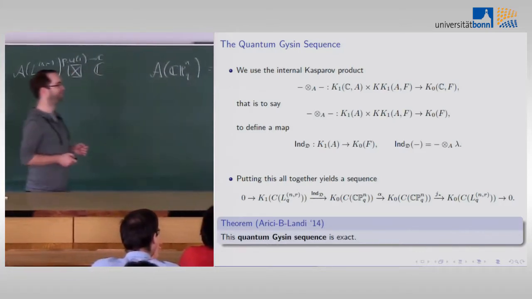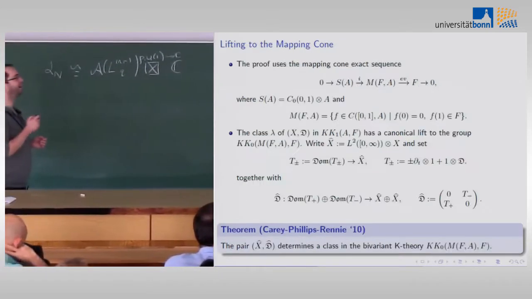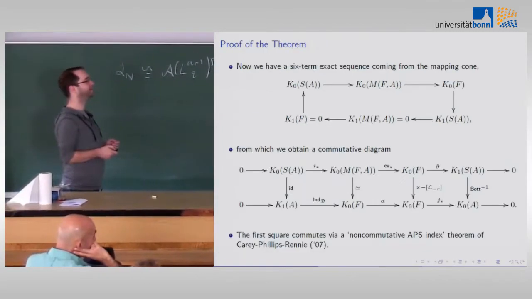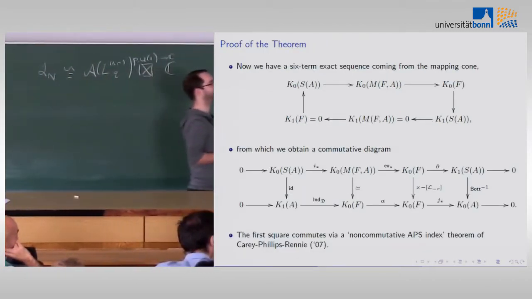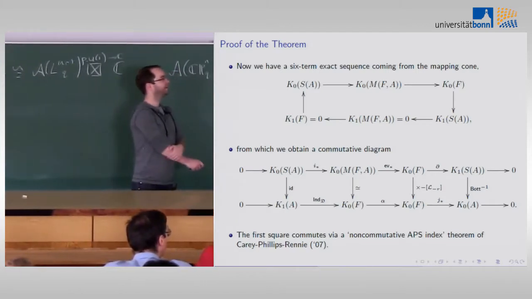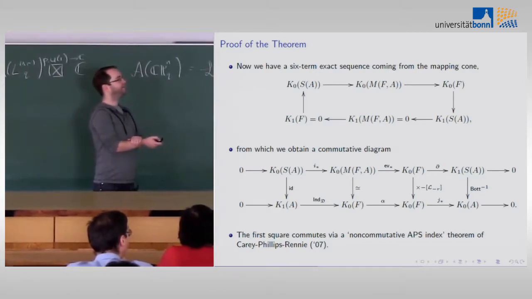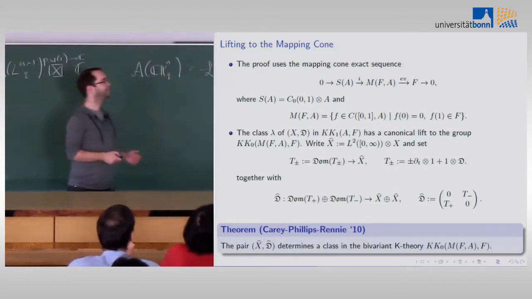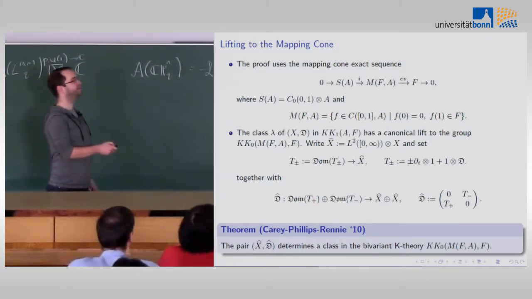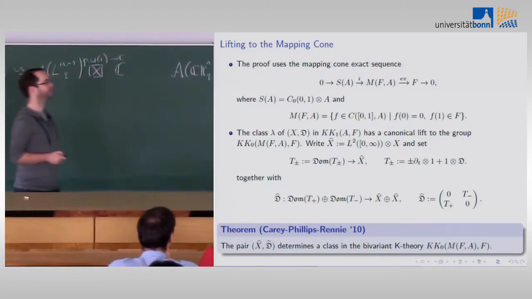So I did. And Adam explained to me about this mapping cone construction and how this stuff works. And from that, once we understood that, the point is we do have a sequence we know is exact. It's this suspension, mapping cone, fixed point algebra.